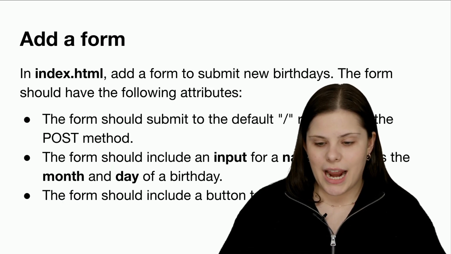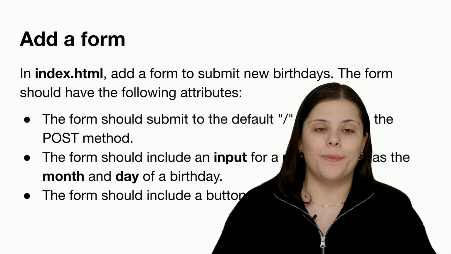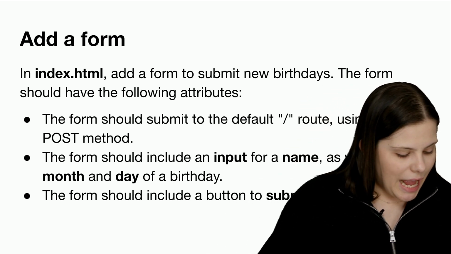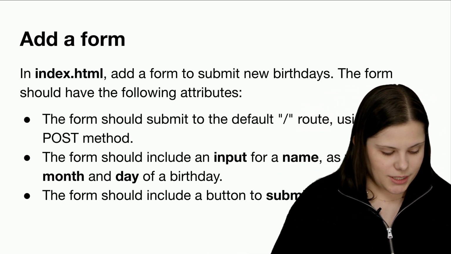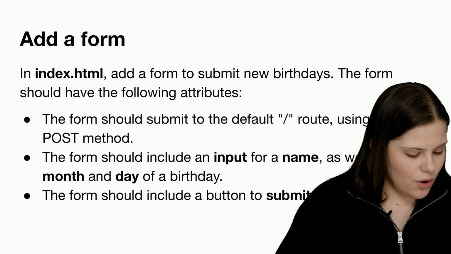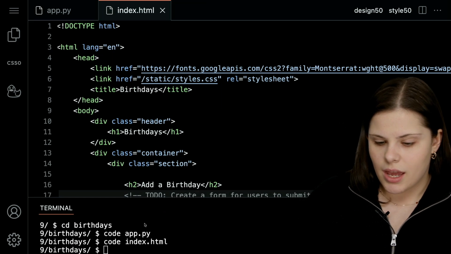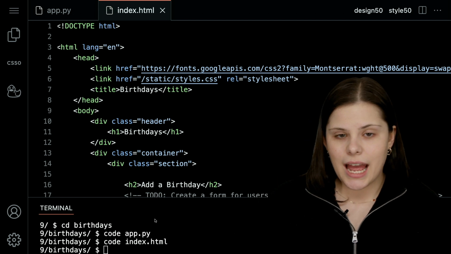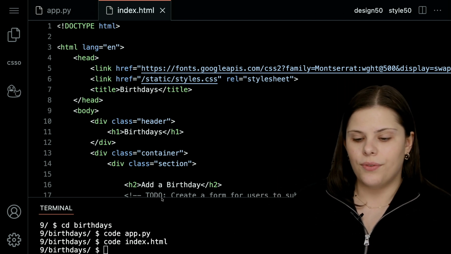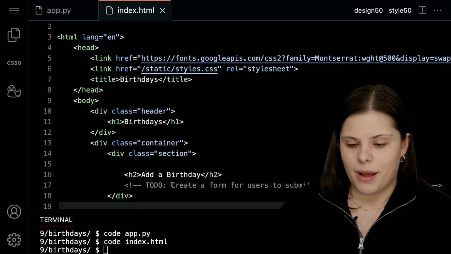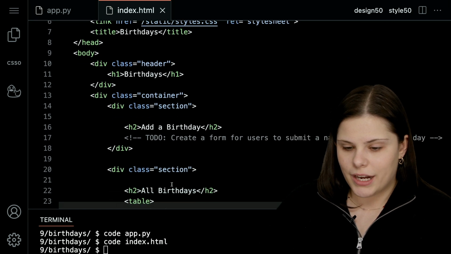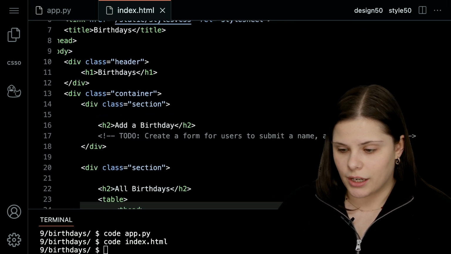So now that we know a little bit more and we talked about forms and the routes, let's start changing some things. So let's go to our CS50.dev and let's add the form itself to the HTML file. So we already very conveniently have a to-do here.